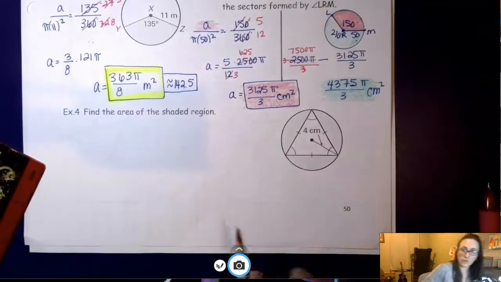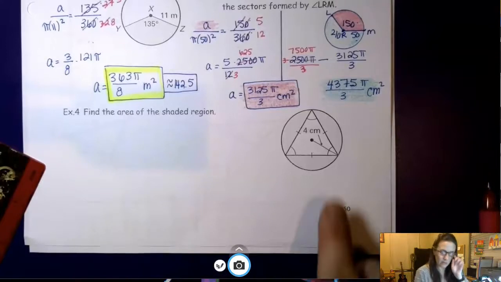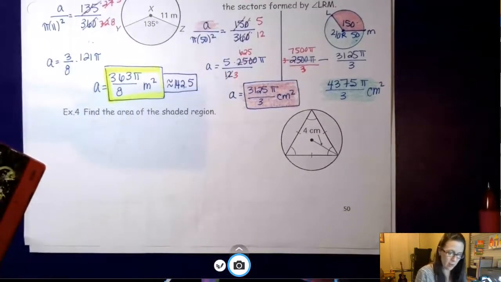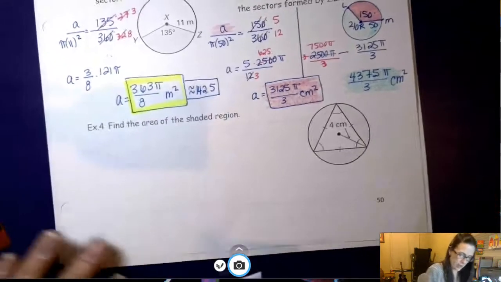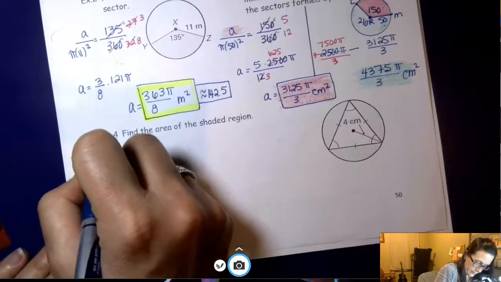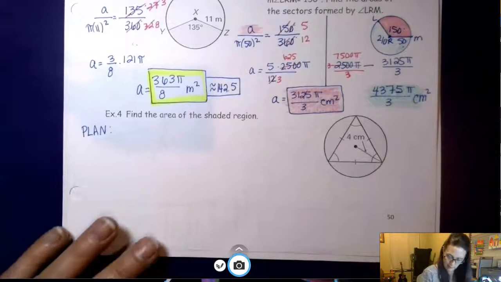So it's a circle with a triangle taken out of it. So you don't want the triangle, you want the circle without the triangle. So whenever I have something like this, I generally start by writing a plan. I like to know what I'm doing so I don't forget or lose track or do the wrong thing.